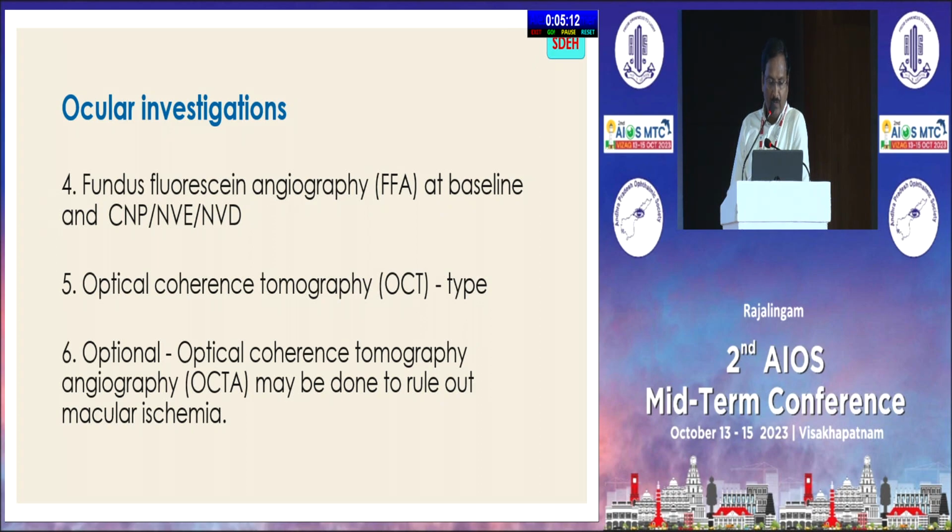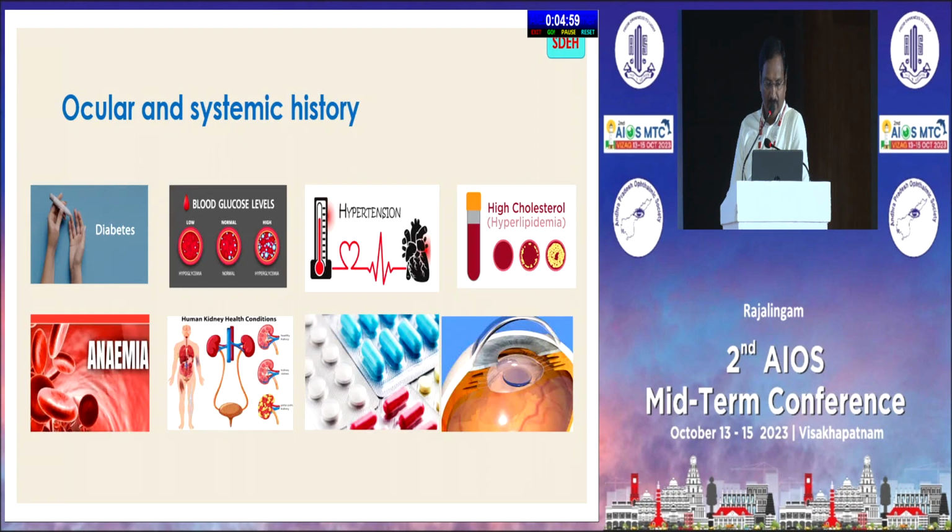Optical coherence tomography is a very important tool to classify whether the macular edema is centrally involved or non-centrally involved. If you have the option of OCTA, identifying macular ischemia is very important. Ocular examination and history taking are also very important.